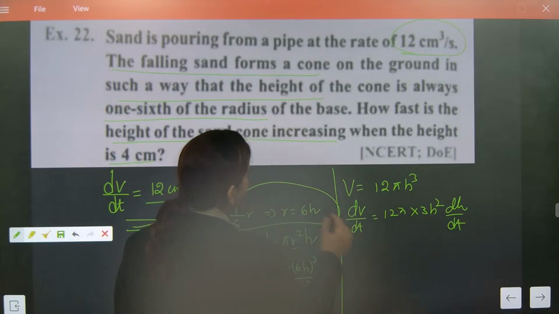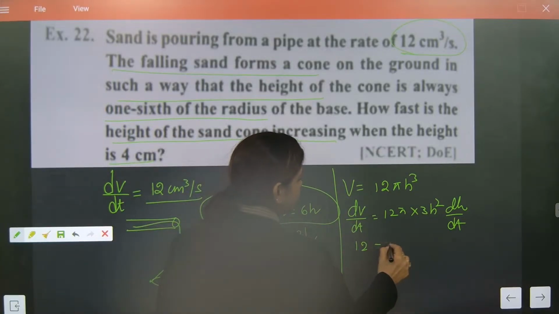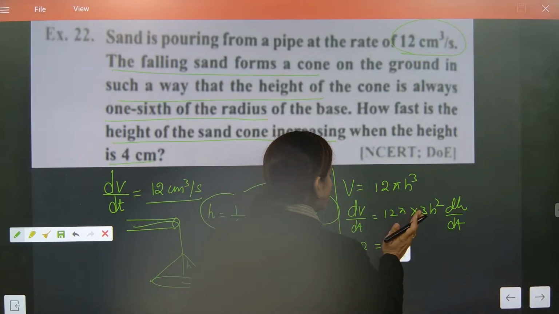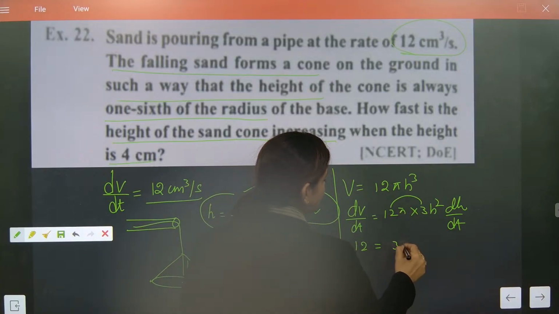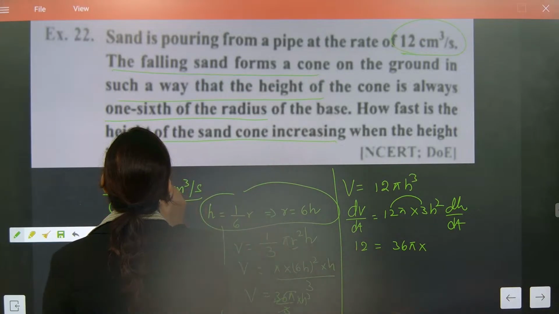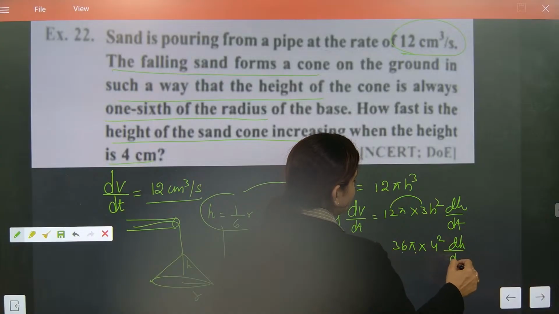Now here dV by dt is given, how much, beta? 12. So 12 is equal to 12 pi into 3, how much is coming? 36 pi h square. What is h? At that time they are telling height is 4. So it is 4 square. 12 3s are 36 pi 4 square dh by dt.